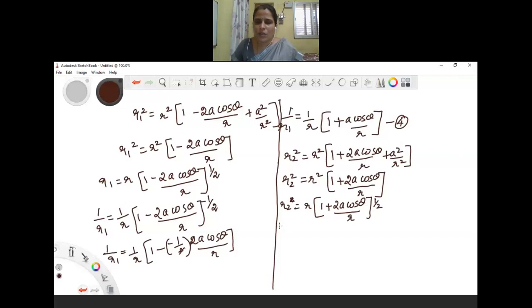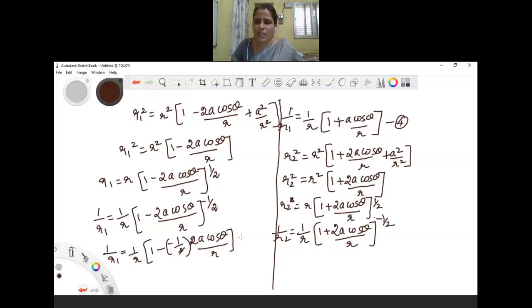So 1 by R2 is equal to 1 by R into 1 plus 2a cos theta divided by R, and this plus half will become minus half here.